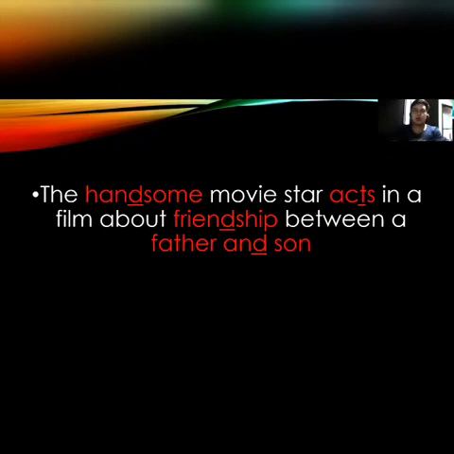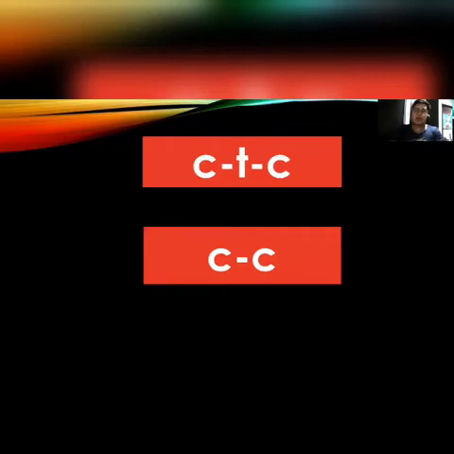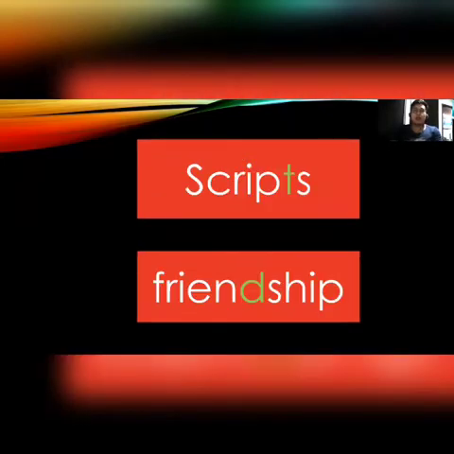Whenever T or D stands between two consonants at the end of a syllable, it is elided, meaning it is not pronounced. For example, instead of scripts, we say scripts without the T, and instead of friendship, we say friendship without the D. Let's practice the pronunciation of the following words using T and D elision.